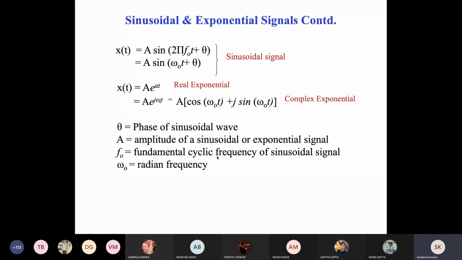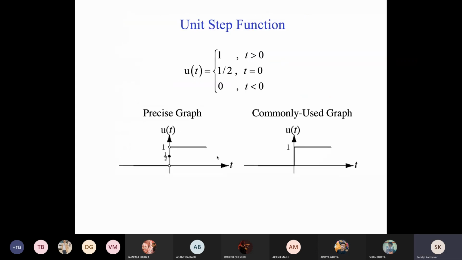Now next comes the unit step function. The unit step function is defined as u(t), which is equal to 1 if t is greater than 0, equal to half if t equal to 0, and equal to 0 if t is less than 0. So it has a precise graph: when t is less than 0, it is all zeros; when t is greater than 0, it is 1; and when t equal to 0, it is half.